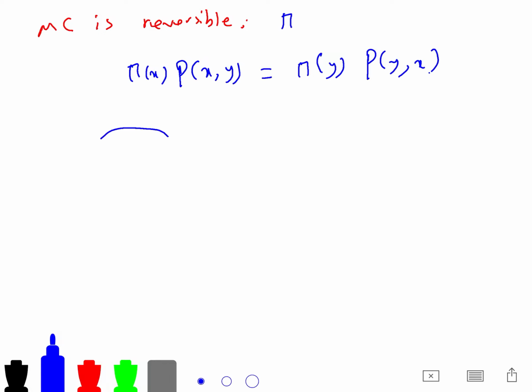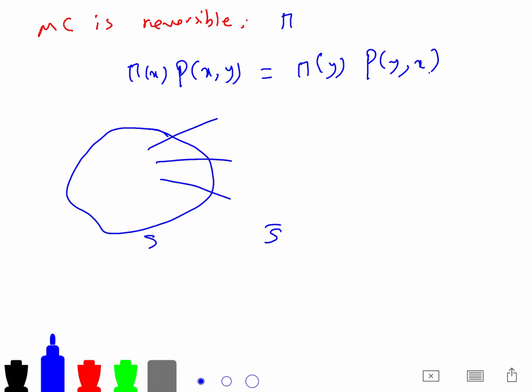For example, if you remember conductance, where you go out from S to S complement, there should not be a difference between going from S to S bar or from S bar to S. That's why it is called reversible.